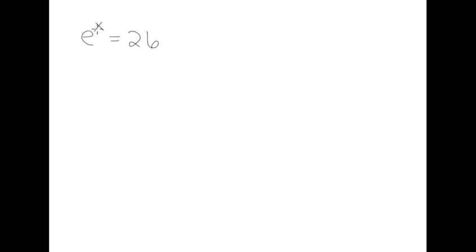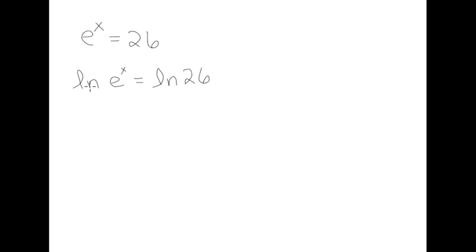The only way to do that algebraically is to apply the inverse function. So since the natural log is the inverse function of the exponential, we will take the natural log of both sides. And just like it's okay to multiply both sides of an equation by the same number, it's okay to take the logarithm of both sides of the same equation.